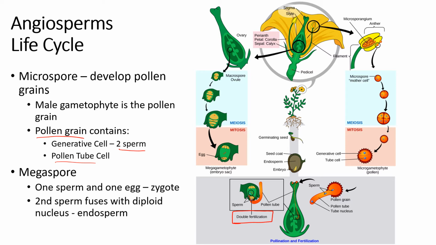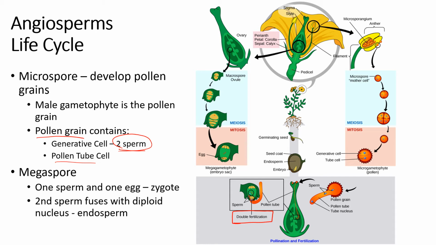But we need these two sperm because one is going to fertilize the egg and the other one is going to fertilize an additional cell with two nuclei to become the endosperm, which is like the seed food. Now in the megaspore, this is the female version, and the fertilization is going to happen there inside the ovary.